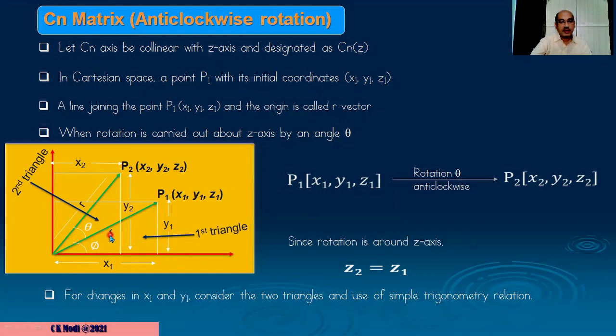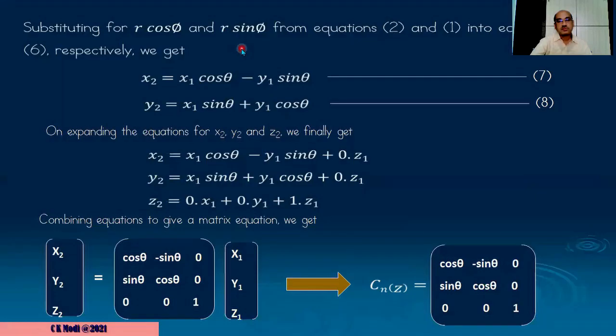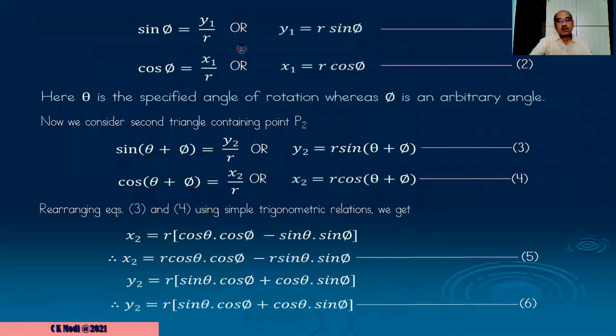Sine phi is equal to y1 upon r. Therefore, y1 is equal to r sine phi. This is equation number 1.